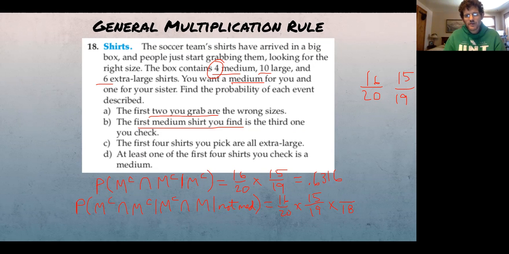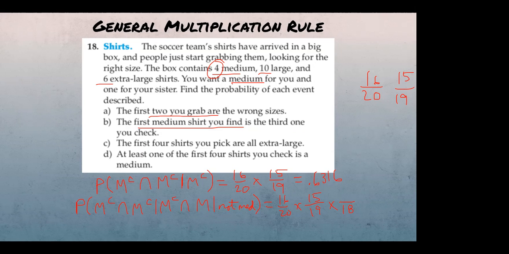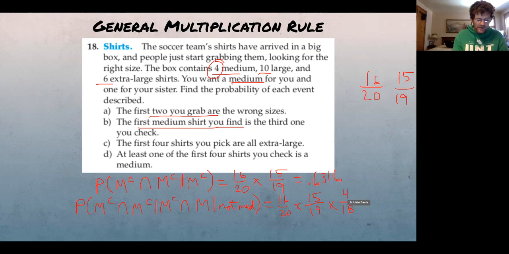So how many mediums are in the box at this point? It'd be 4 out of 18. There it is, 4 out of 18. So we're saying we actually succeeded on the last shirt we pulled out. We did find a medium. All right.